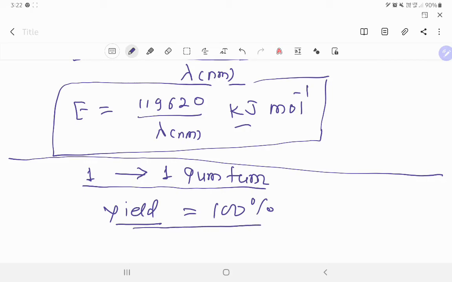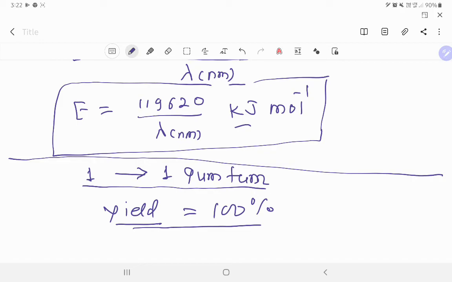If one molecule absorbs one quantum of radiation, then that absorbed molecule must react with the other reactant and give product. There should be a 100% yield in a photochemical reaction.